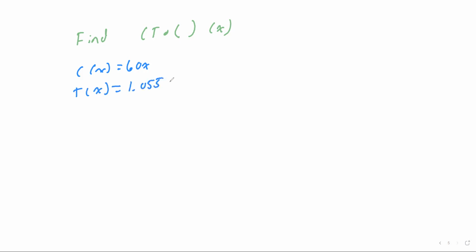In the next question, it says now find T of C of X. So remember that your C of X was 60X and your T of A ended up being 1.055A plus 8. If I want to find T of C of X, I'm going to plug the C into my first function.